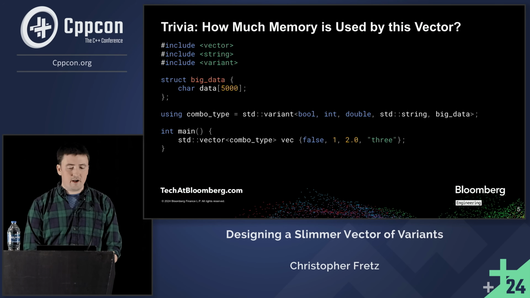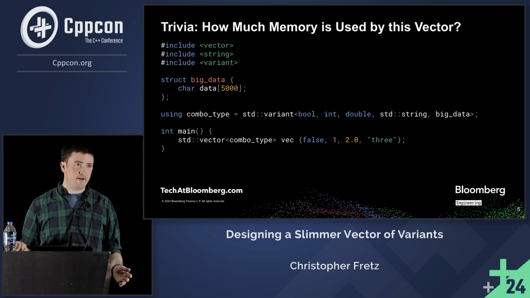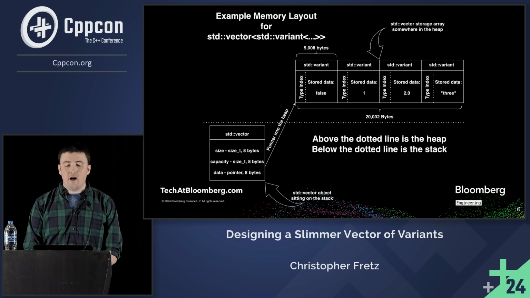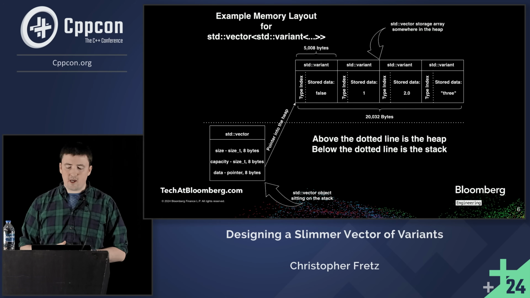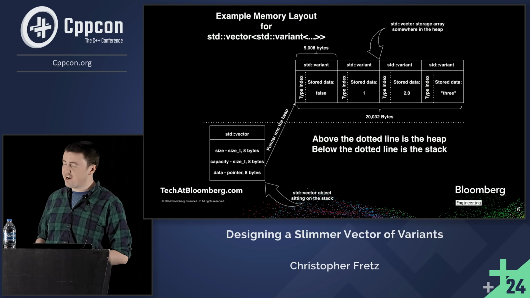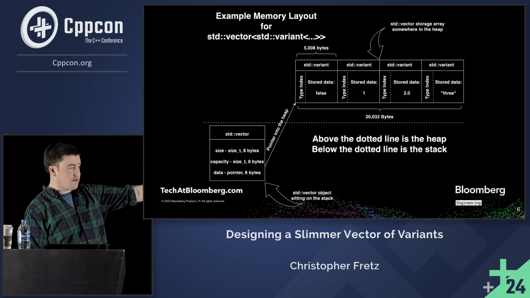We got a correct suggestion from the audience of about 20 kilobytes for this particular data structure, which is the problem itself. To get at why this is the case, we're going to look at a bunch of informal diagrams that I've put together. Below the dotted line here is the stack.